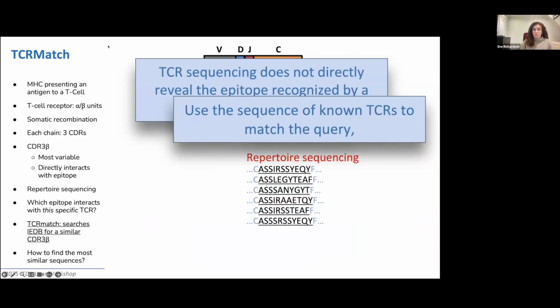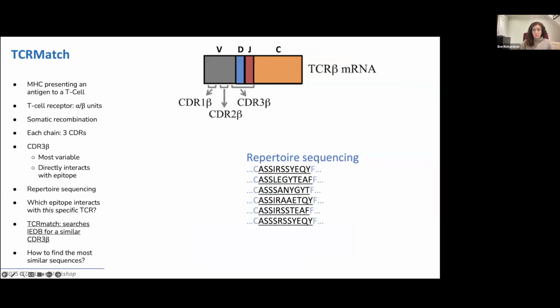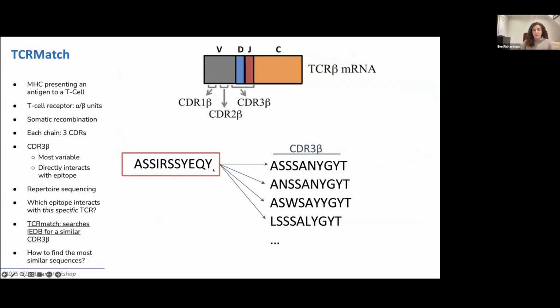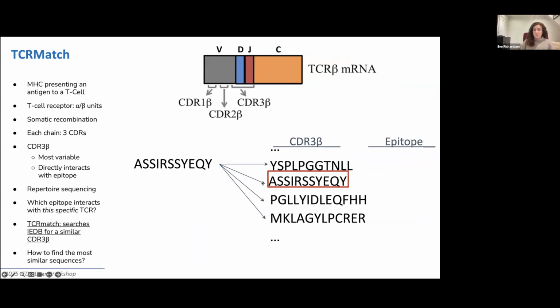That's the general concept of TCRMatch and of BCRMatch: using the sequence of a known receptor to match your query. In this example, if we take this first CDR3 beta and look at the IEDB, we may find an exact match. This is the case here.